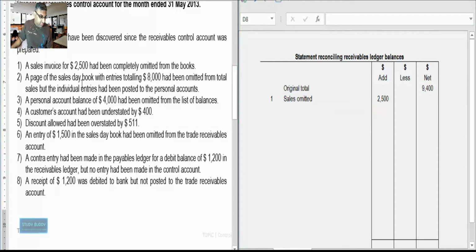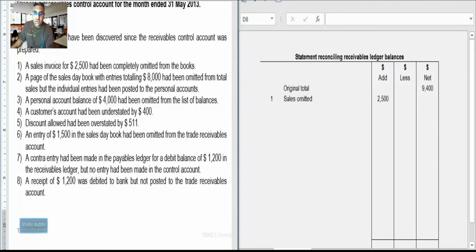Error number 2. A page of the sales day book with the entries totaling $8,000 has been omitted from total sales, but the individual entries have been posted to the personal accounts. It means that we have correctly debited the trade receivables account in the sales ledger, in the personal accounts, but we forgot to make a credit entry in the sales account in the general ledger.